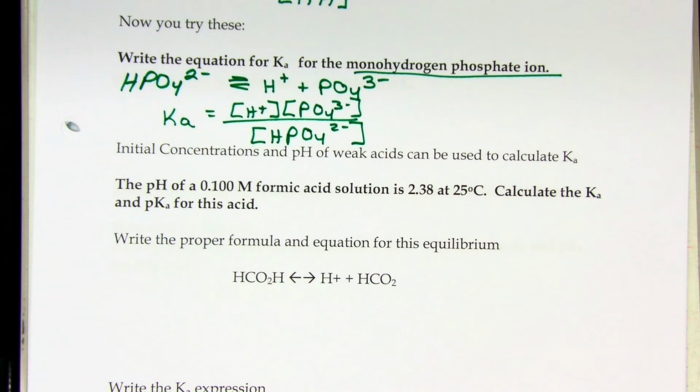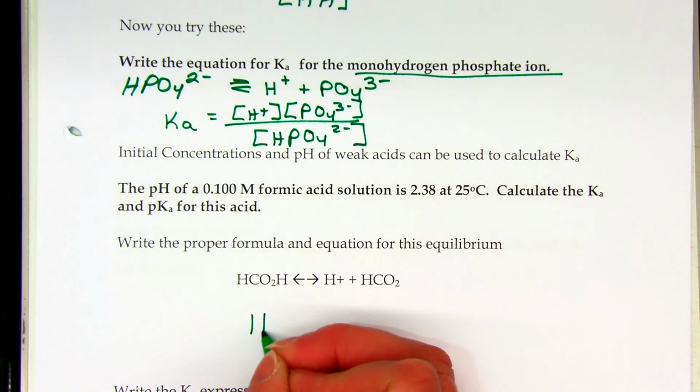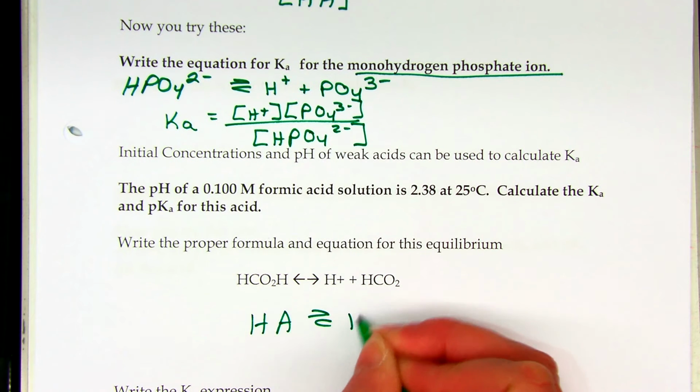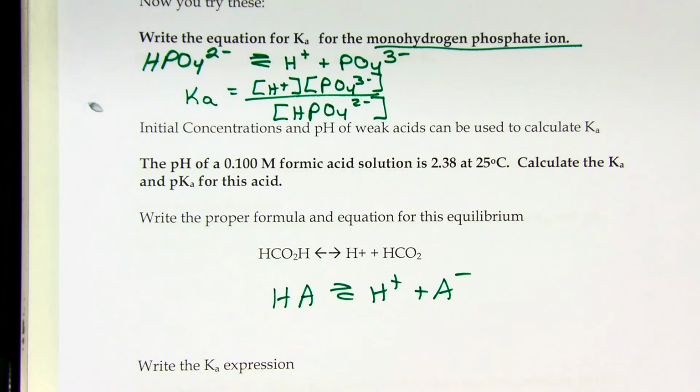2 clues, right? So now we can look at this and say, okay, here's our dissociation. And if you don't like this, it's always okay to say HA is in equilibrium with H plus and A minus using our generic. Just using the generic, then, Ka is equal to H plus times A minus divided by HA.